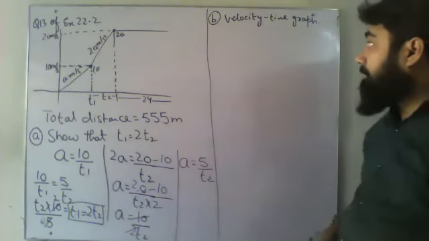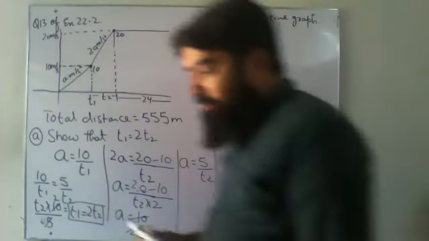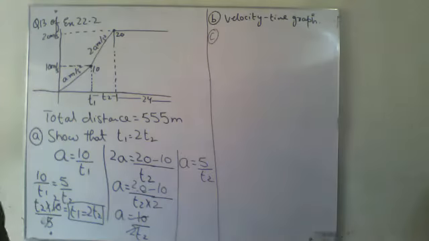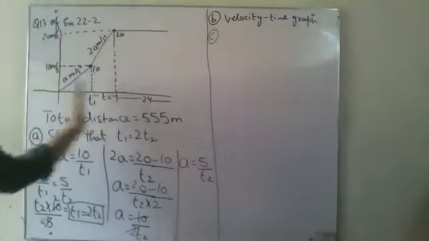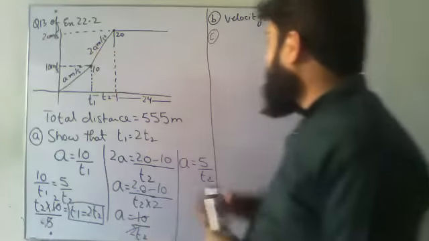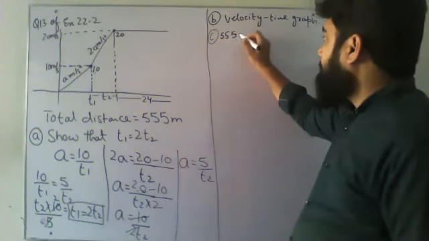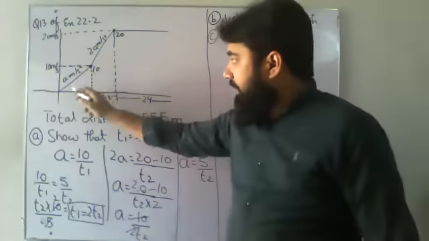Be careful about it. Now, in C part, they are saying find the total time. I have to find the total time which was taken for this distance. Now they have given us the total distance is 555. So how will I find this one?